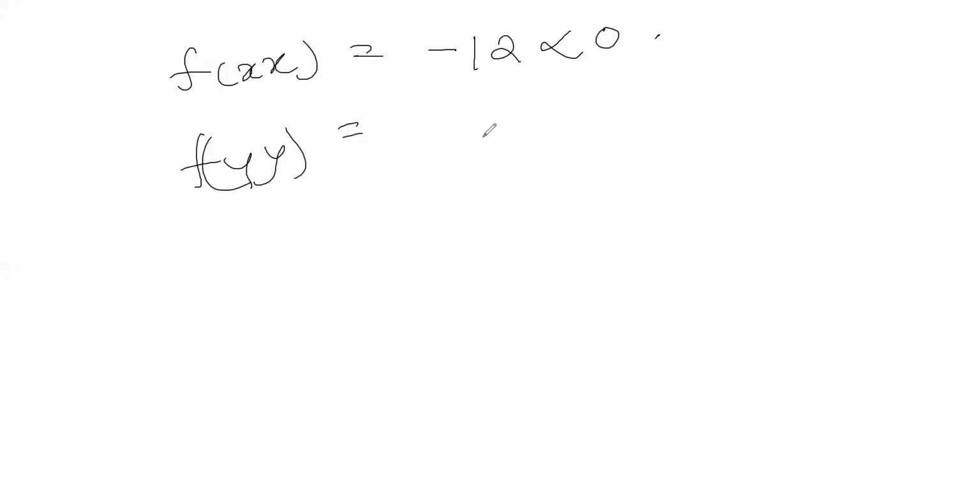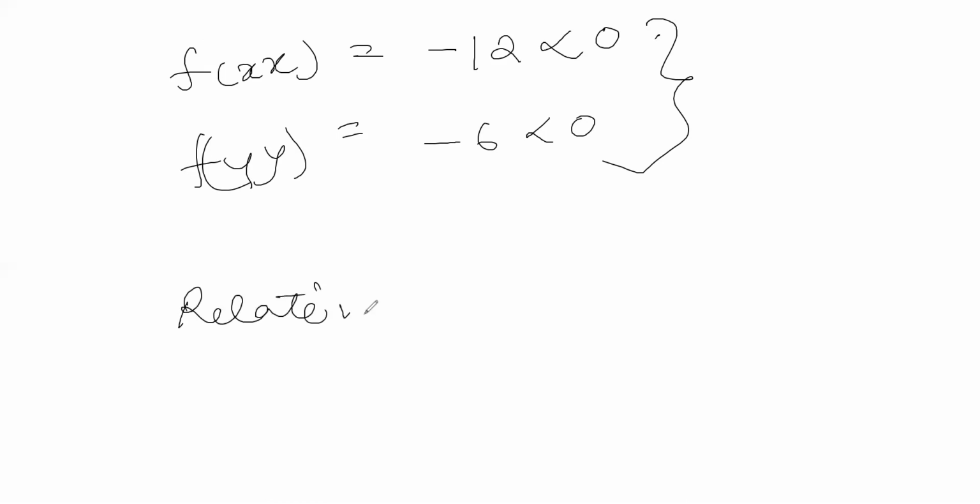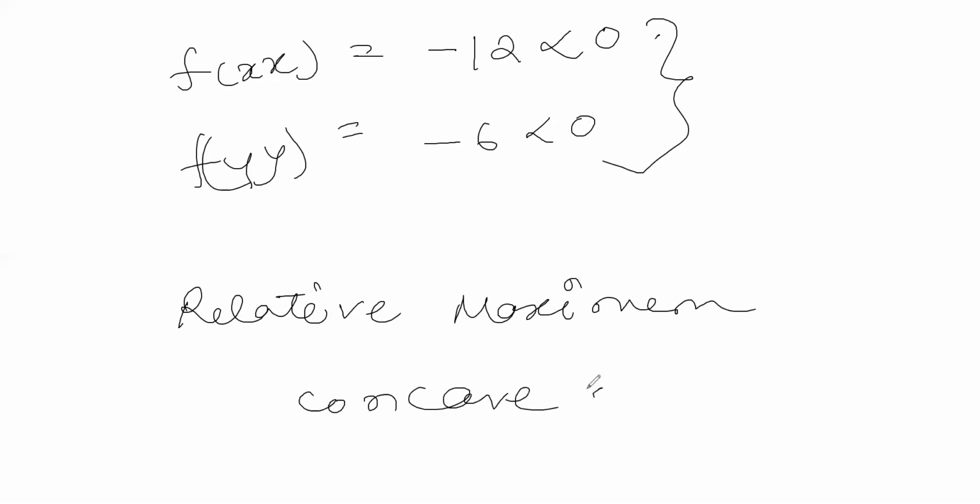So f of xx is minus 12, which is less than 0, and f of yy is negative 6, which is again less than 0. As both of them are carrying the same signs and they're less than 0, we can say that the function is at its relative maximum and it is concave in shape. So that's where this particular problem ends.